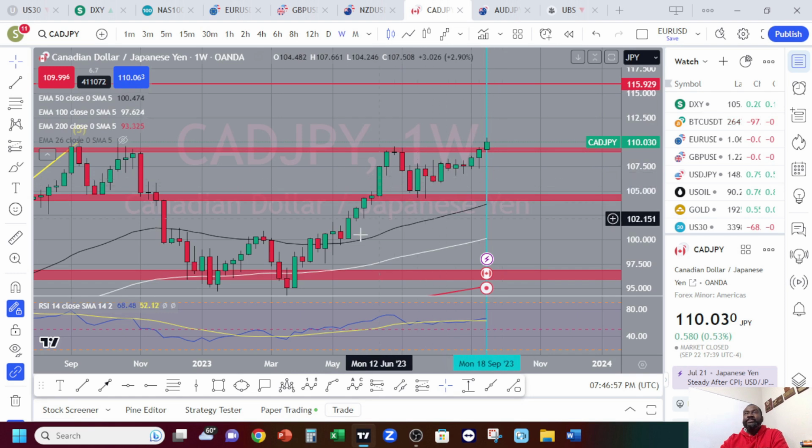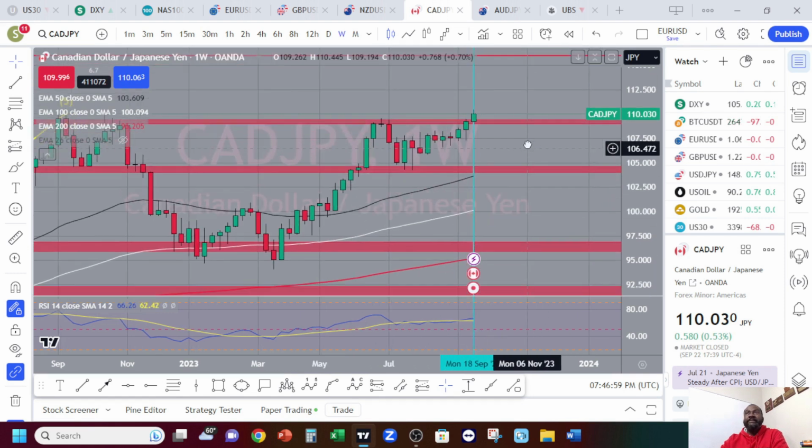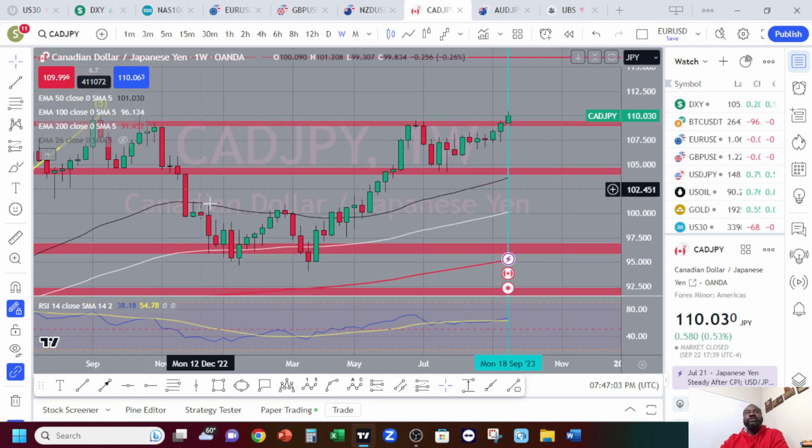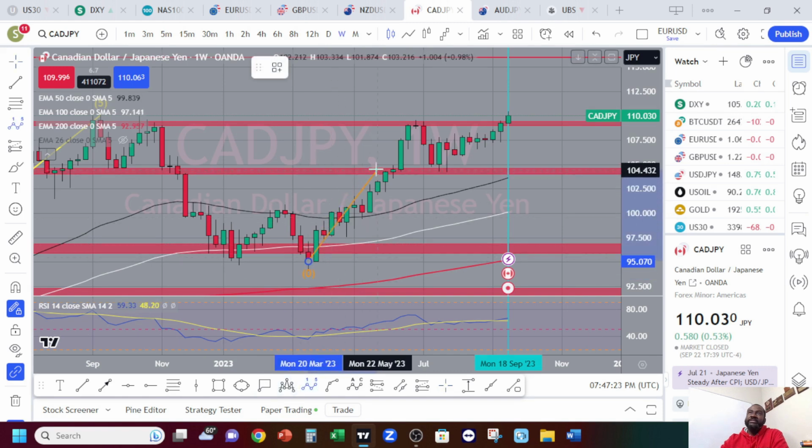As you can see, this is the weekly time frame. Price was going down, doing lower lows and lower highs. It was in a bearish trend. When we get here, we had a big bullish engulfing, where this bearish trend ended, because from that point on price continued to go up.